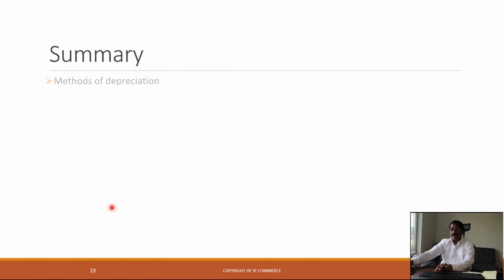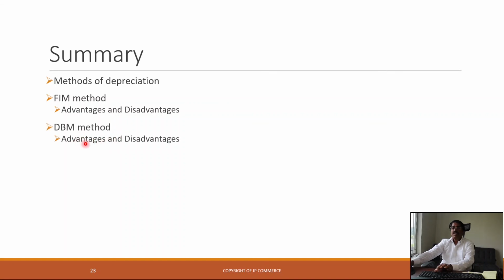Now, summary. We have discussed various important methods: the fixed installment method and diminishing balance method, and other methods from 3 to 10, such as annuity method, depreciation fund method, etc. For the fixed installment method, we have discussed the various advantages and disadvantages. Same for the diminishing balance method.